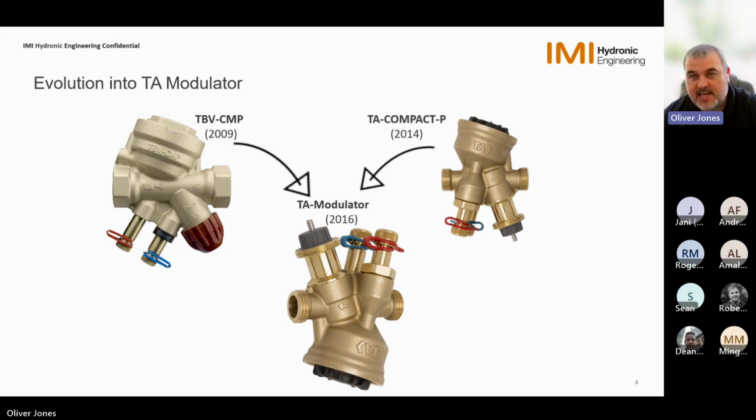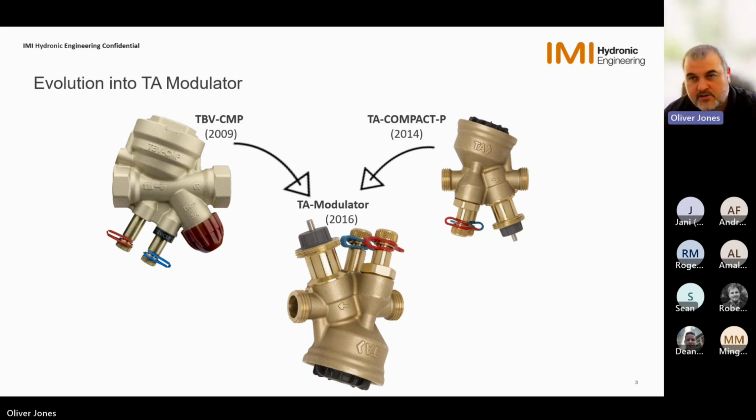From this, we grew into the TA-Compact P, which was introduced in 2014. Both actuators are linear actuators. So both of these will deliver 20% flow for 20% of the lift. And they have what's called a linear characteristic. This evolved to the TA-Modulator, which has an equal percentage characteristic.